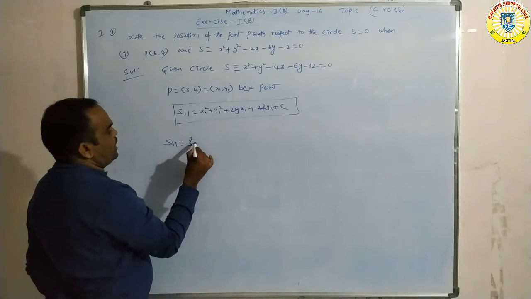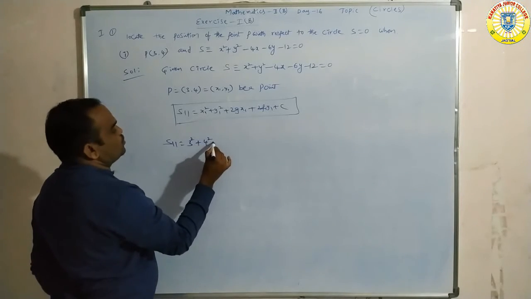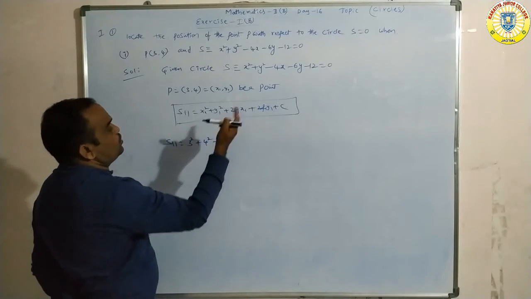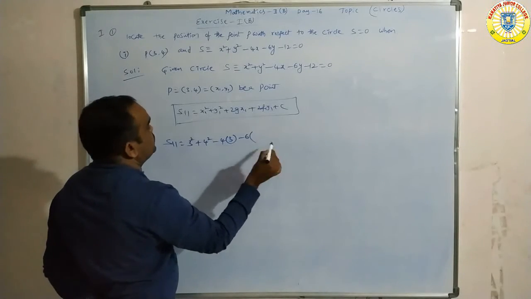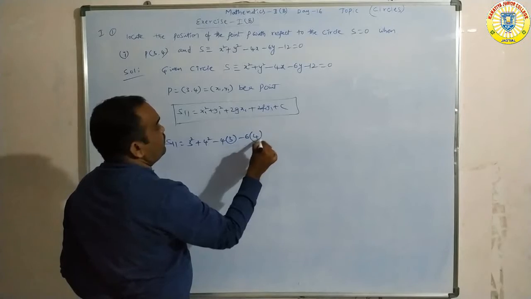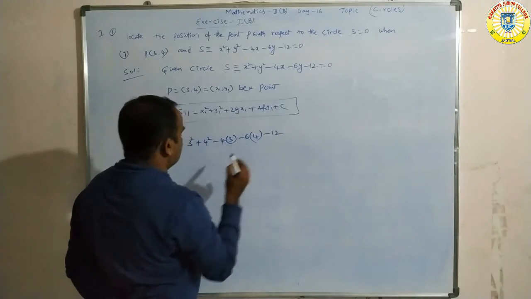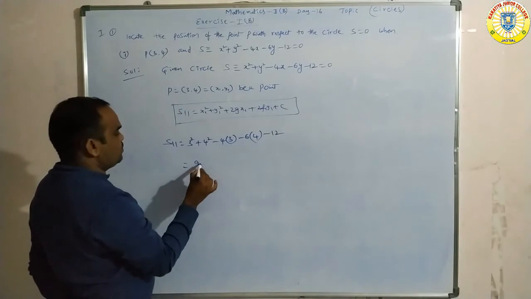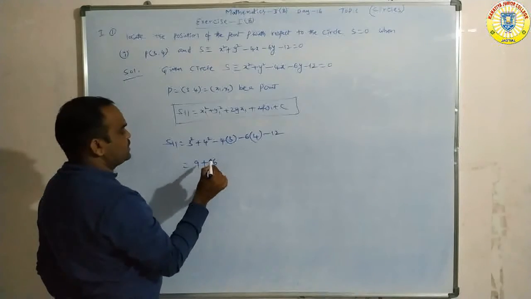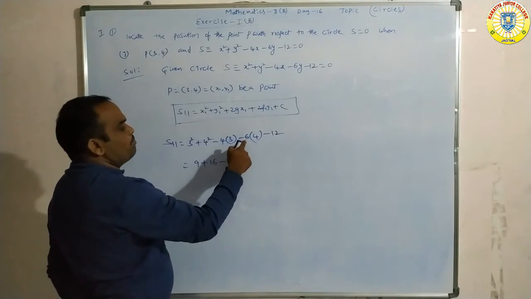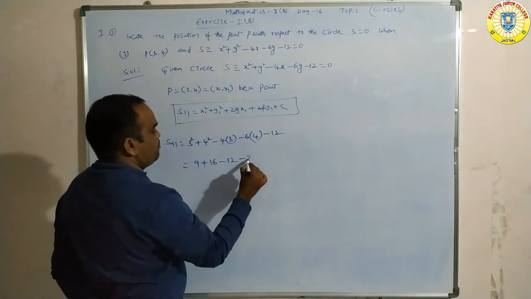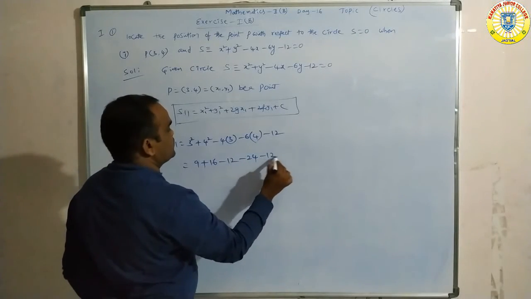Here 3 square plus 4 square minus 4 into x1, x1 is equal to 3, minus 12. Minus 6 into y1, y1 is equal to 4, minus 24, minus 12. 3 square is equal to 9, 4 square is equal to 16. Minus 4 into 3 is minus 12. Minus 6 into 4 is minus 24. Minus 12.